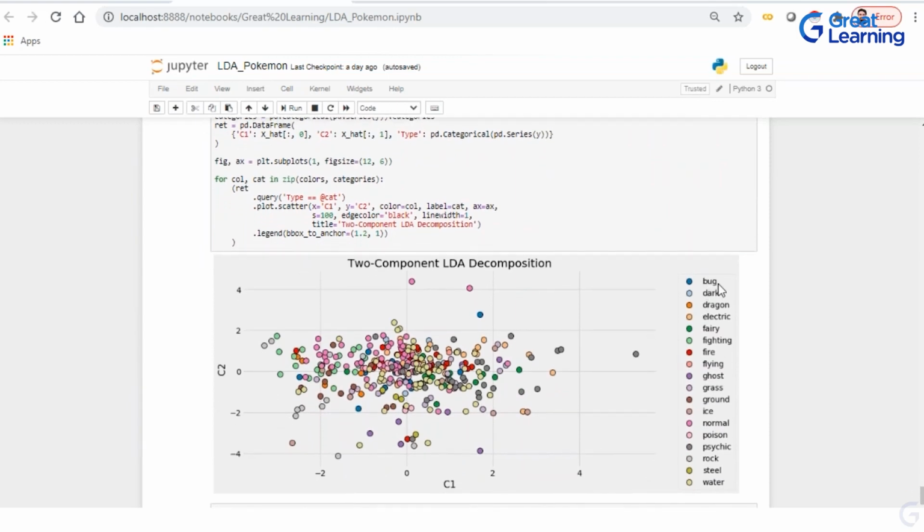So you see all my different components that I was referring to. How are they distributed across the two components, C1 and C2? These are the two different types that I'm trying to highlight and compare in the LDA decomposition.